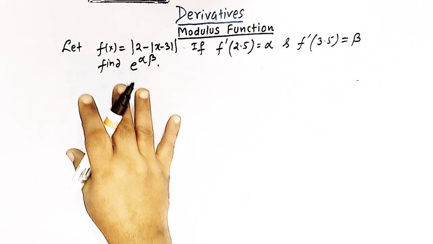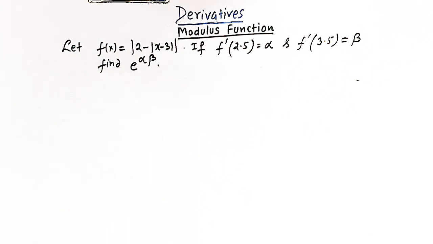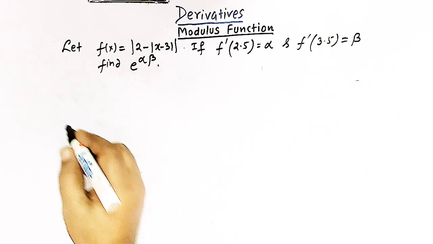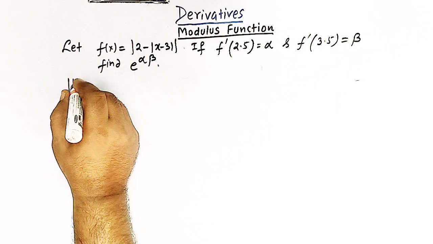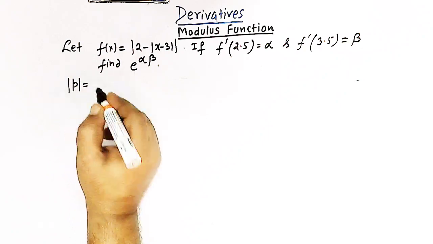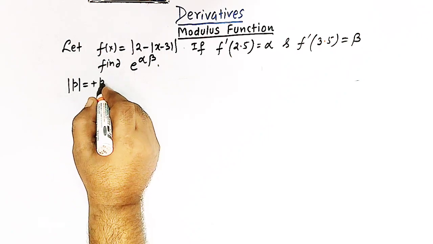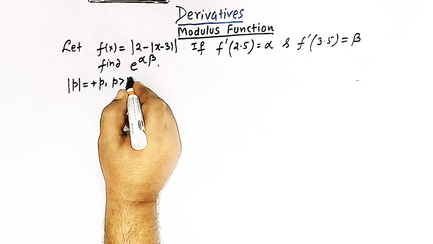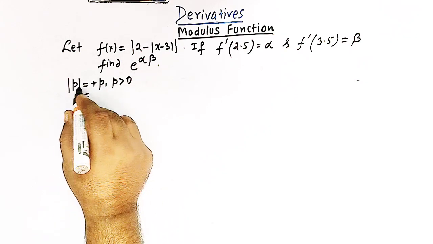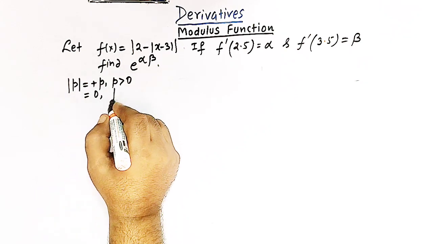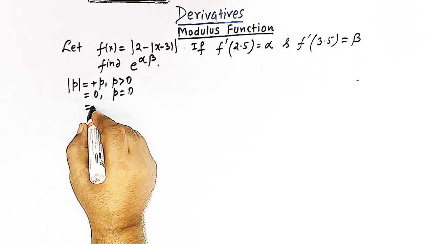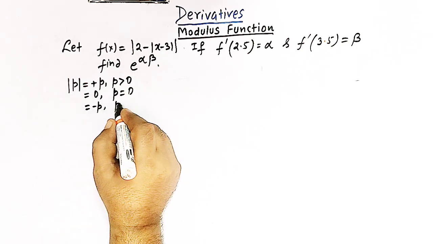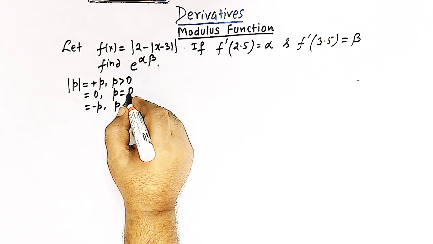So to solve this problem, let us first quickly revise the definition of mod function. Now see, the definition of mod function goes like this. Mod of p is equal to positive p whenever p is greater than 0, and mod of p is equal to 0 whenever p is equal to 0, and mod of p is negative p when p is less than 0, right?